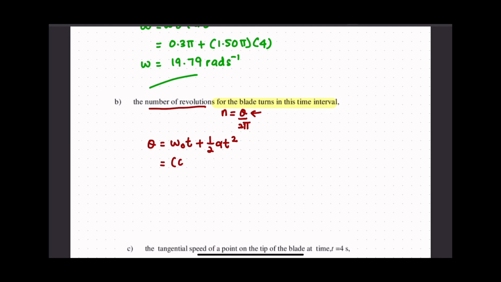Omega naught is 0.5 pi, t is 4 seconds, plus half alpha is 1.5 pi, times 4 to the power of 2. So we determine the value of theta is 41.47.